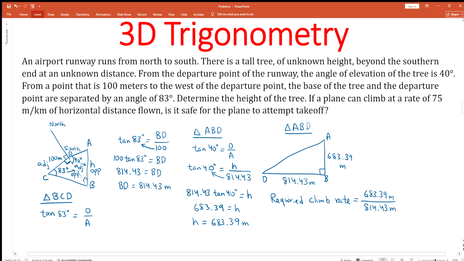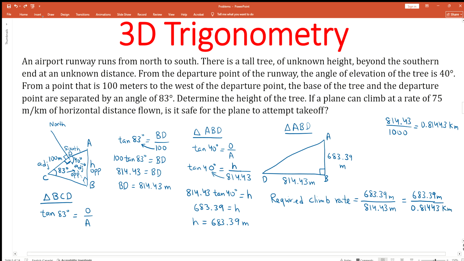In the problem, the given unit of climb rate is meter per kilometer, so we should change the unit of the horizontal distance from meter to kilometer. For that, we should divide 814.43 by 1000. I get 0.81443 kilometers. So we should change the denominator number, 814.43 meter to 0.81443 kilometer.